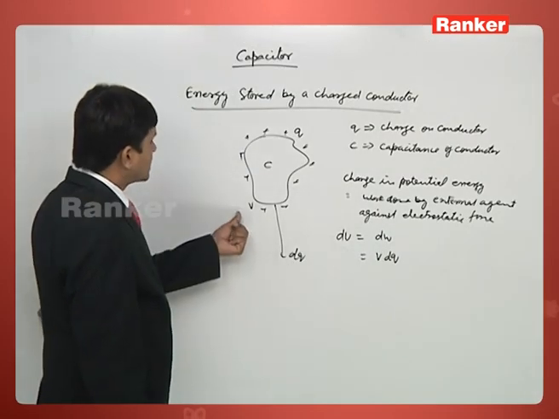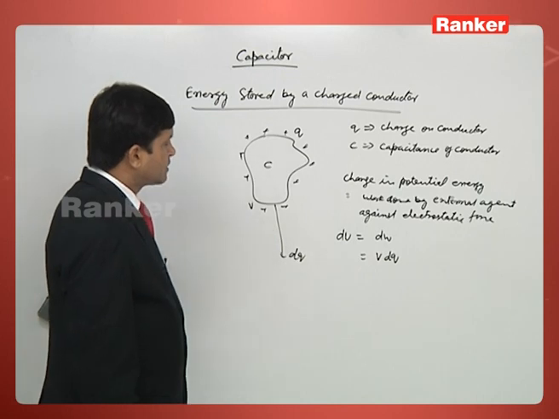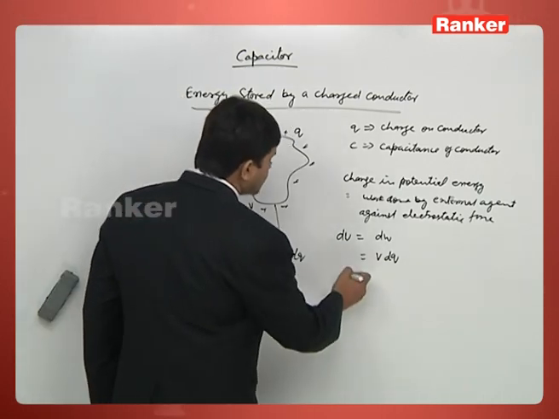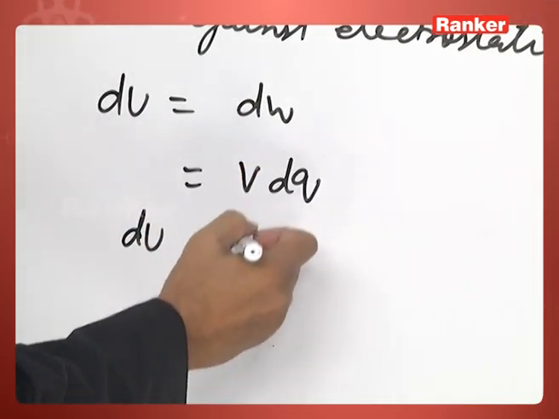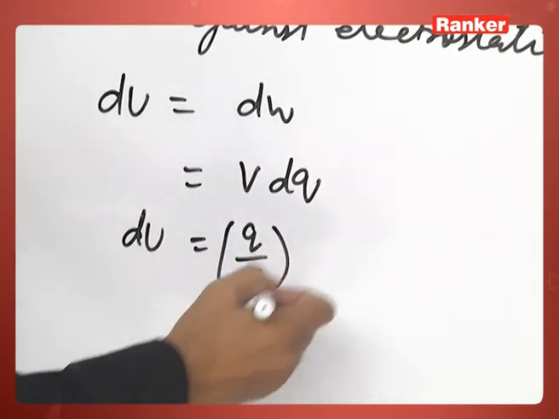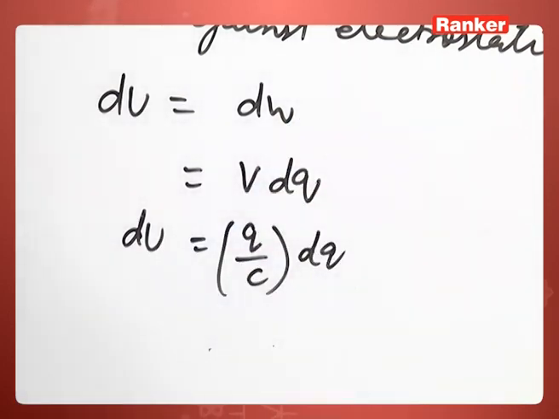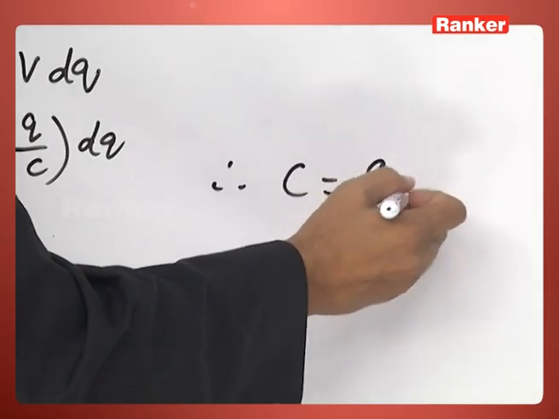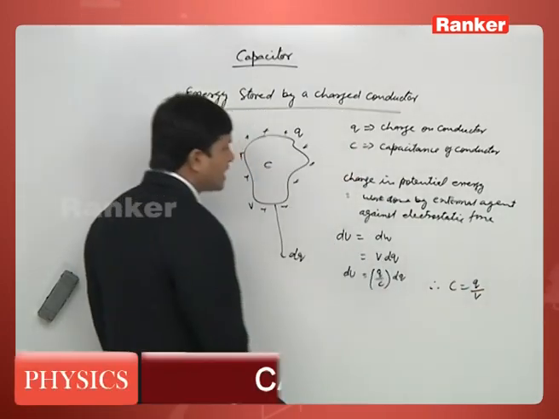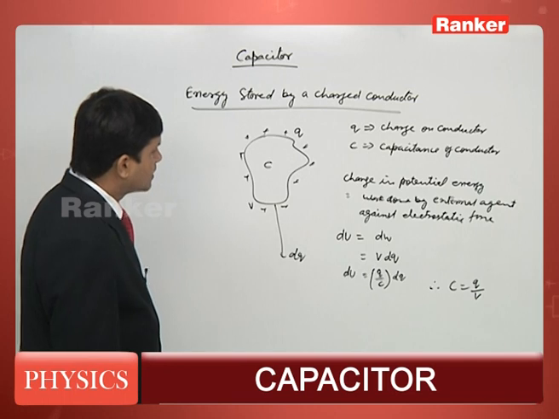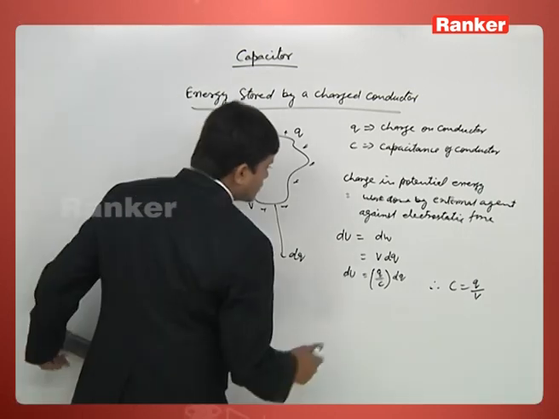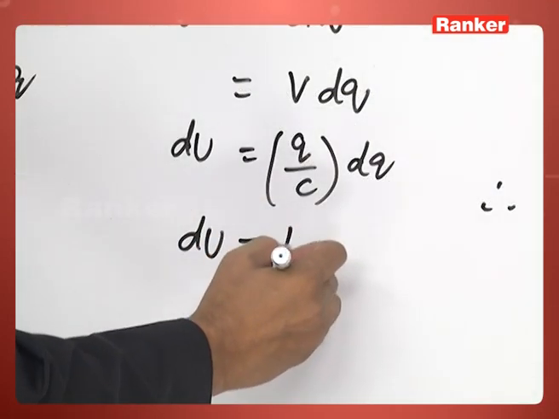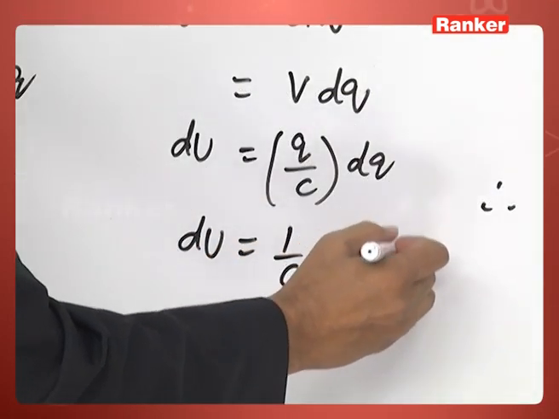When V is the potential and we are removing dQ charge, V can be written, as we have done in the previous case, as Q by C, as C is equal to Q by V. So the energy is written as dU equal to 1 by C Q dQ.